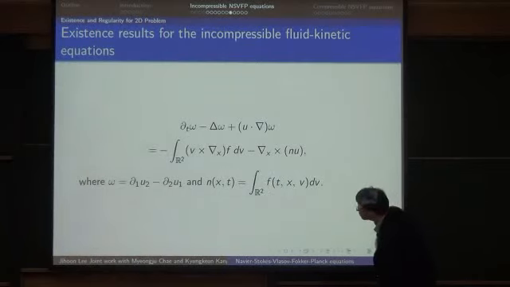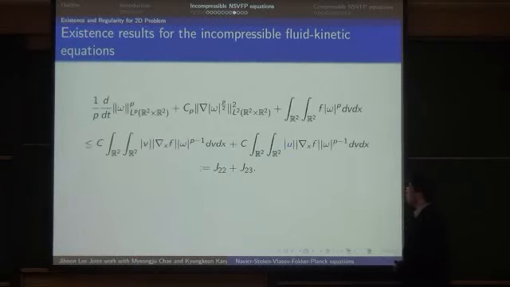Then using the a priori estimates, we just multiply and integrate, and then we have this one. The most typical term is here. This is the coupled term with u and f. This is just v, and this is phase space. Then we can estimate this one by the high moments estimates.